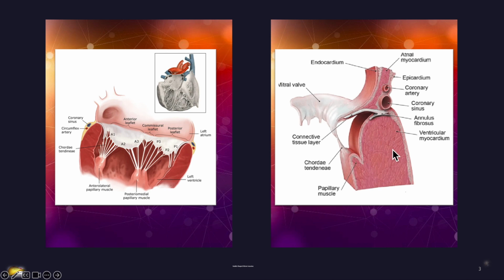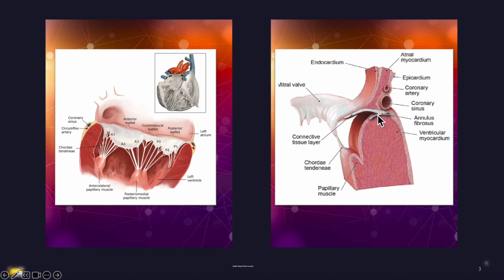This is the myocardium of the ventricle, and this is the myocardium of the atrium, and this is the ventricular atrial junction. This junction is also important, which we will discuss in mitral valve prolapse. This junction becomes very important there.